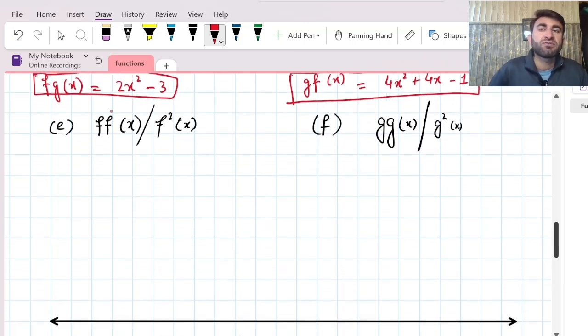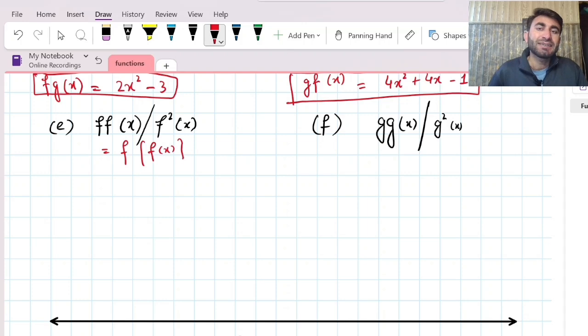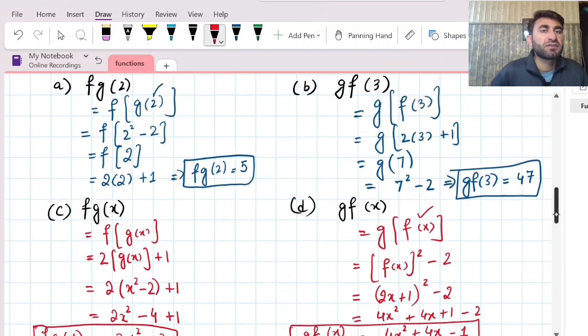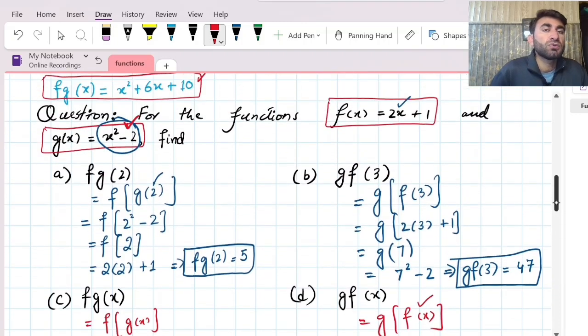Now these are the two general compositions we discussed, but the two other compositions we also discuss sometimes, like we have f∘f of x, which can also be written as f square of x. So what will the value of f∘f of x become? It means that we have to replace the x of function f of x with itself. Like f of x was given as 2x plus 1.